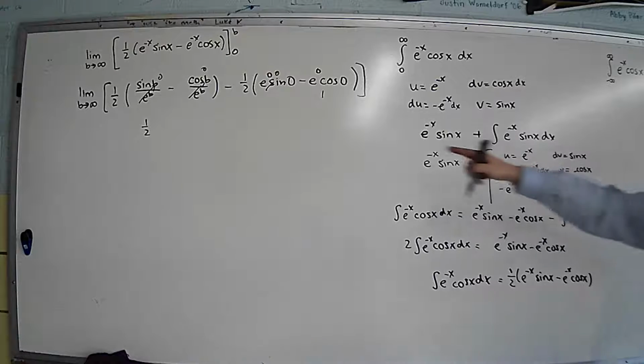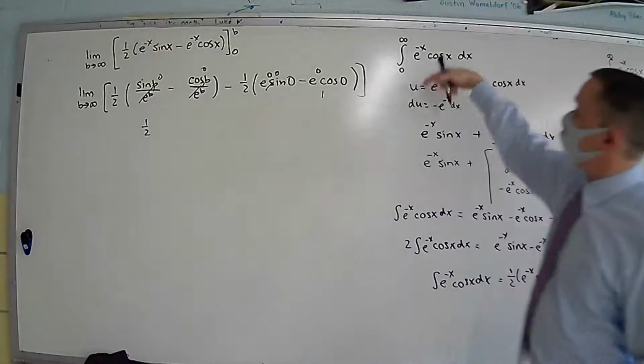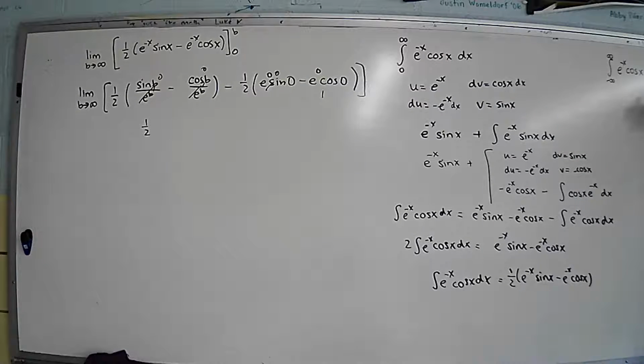This ended up being 1/2, right? And we are only going from 0 to infinity. If you integrate that from negative infinity to infinity, you get 1. E to the negative x times cosine of x is what you call a probability density function, because the area under that whole curve is equal to 1.